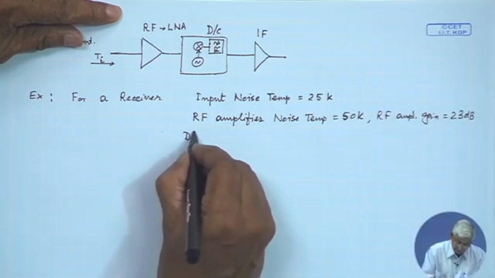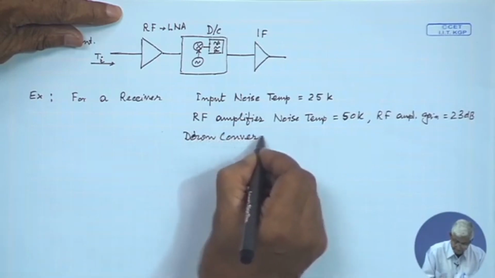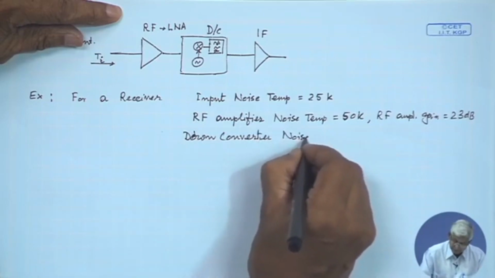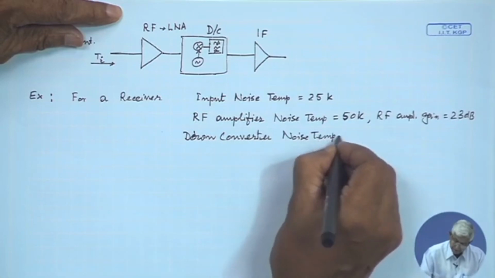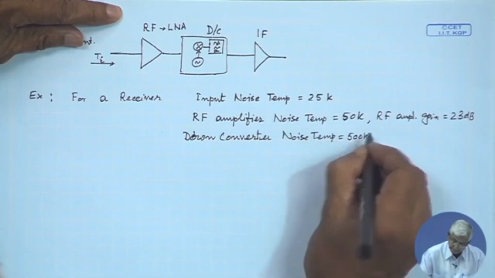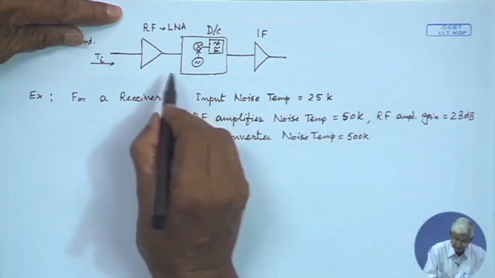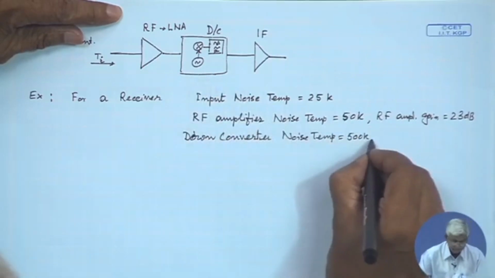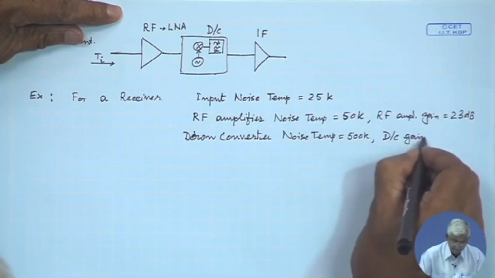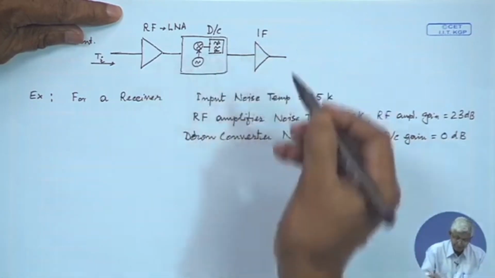Then the down converter noise temperature, which is the effective noise temperature, is 500 K. You can see that the low noise amplifier had a much lower value. The second stage has a much higher noise temperature, and the down converter gain is 0 dB. It does not provide any gain, let us say.